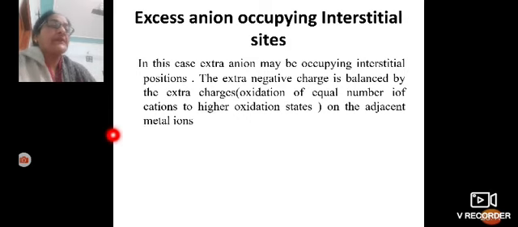Excess anion occupying interstitial sites. In this case, an extra anion may be occupying interstitial positions. The extra negative charge is balanced by oxidation of an equal number of cations to higher oxidation states on the adjacent metal ions.